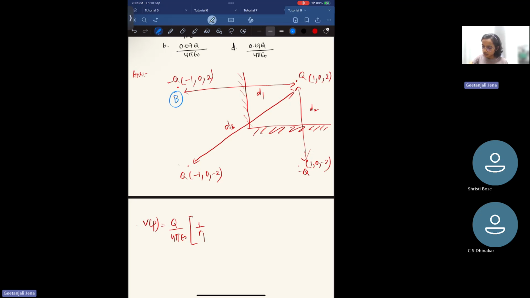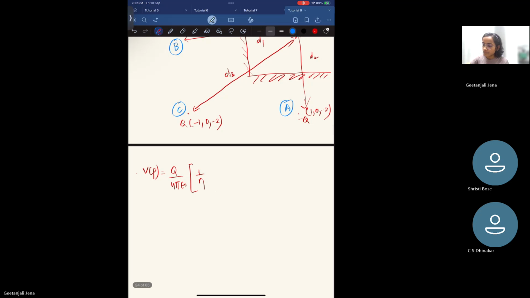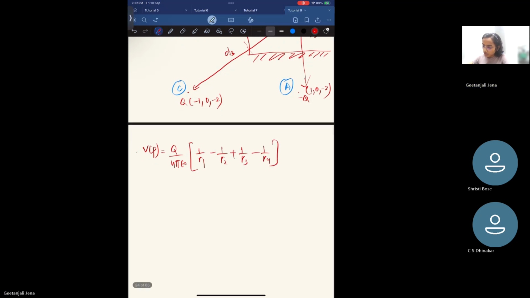This is point B, this is point C, this is point R, and this one, let us say, is point A. So 1 by R1 minus 1 by R2, plus 1 by R3 minus 1 by R4.